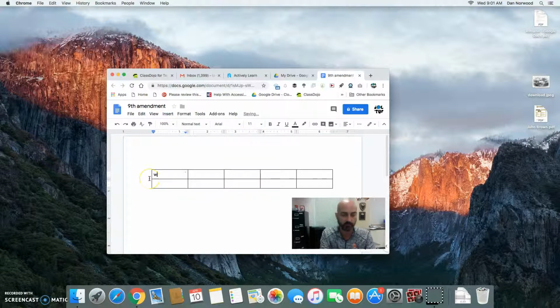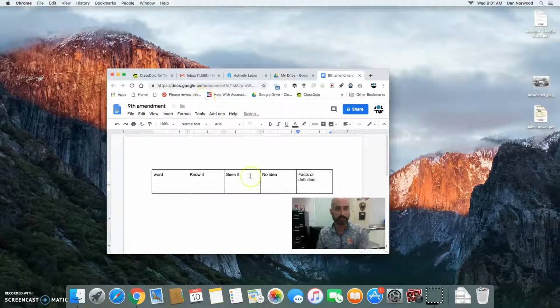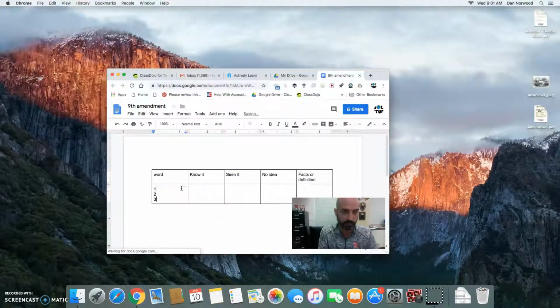So set it up. Word, know it, seen it, no idea, and also over here, facts or definition. Okay, so here's the setup, and I want you to number 1 through 5.